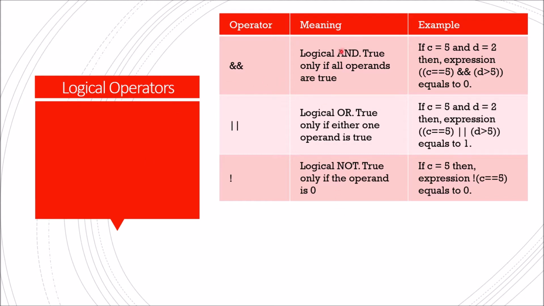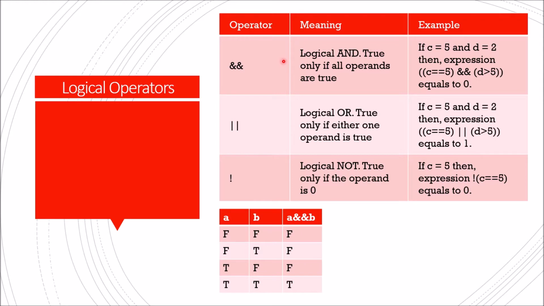So logical AND has the same semantics as in our spoken language. So and means the occurrence of two or several things, but all of them true or happening. Okay, so let's see the rule for the AND operator.